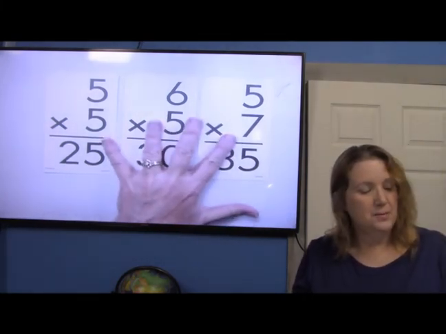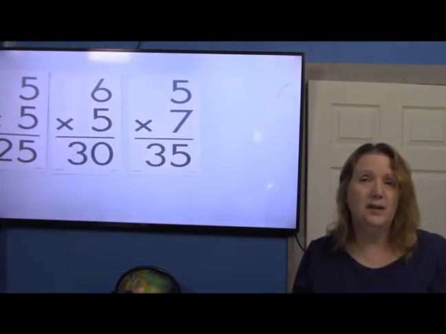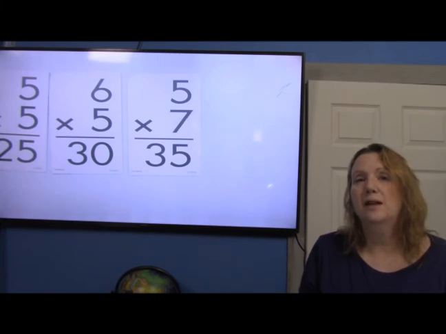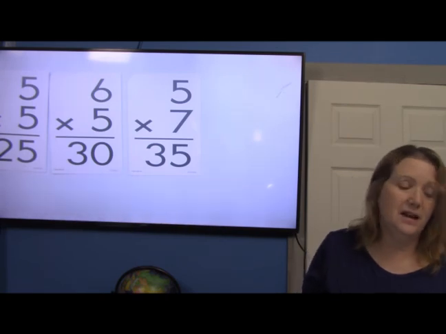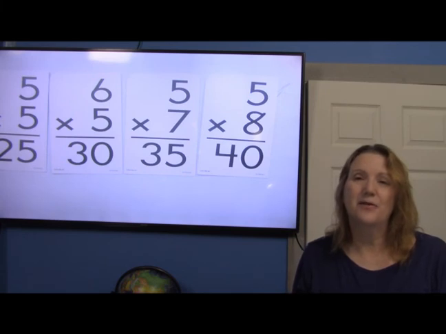I'm going to bump this one over and let's look at our next one. What do you think 8 times 5 is going to be? We have 25, 30, 35, and 40. Did you get 40? 8 times 5 is 40.